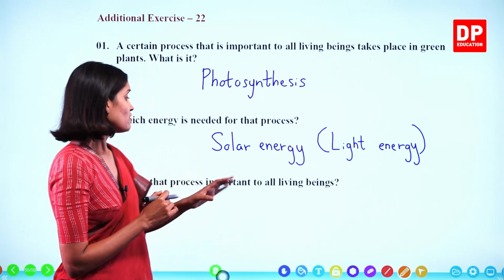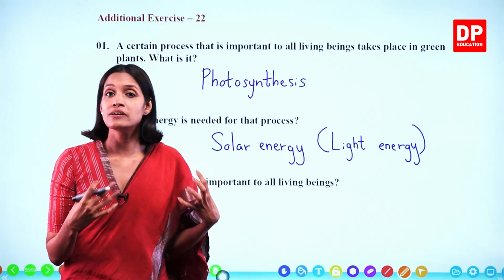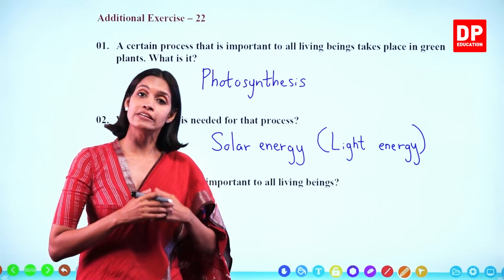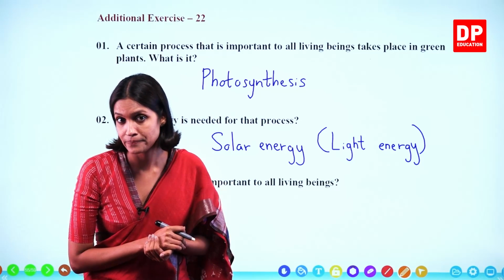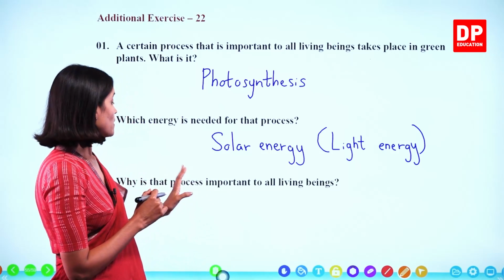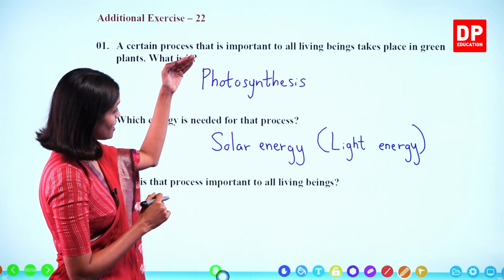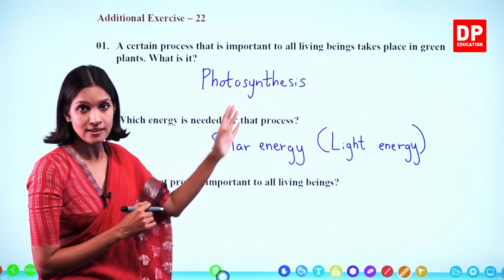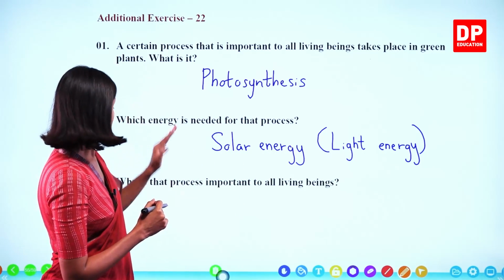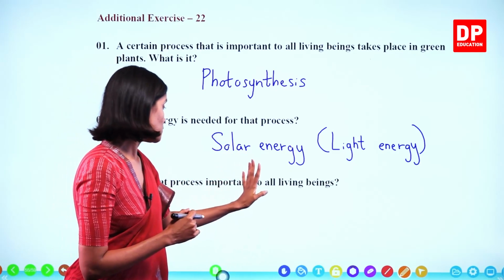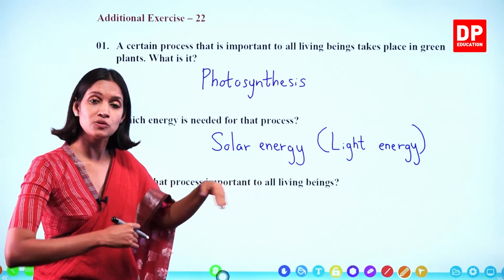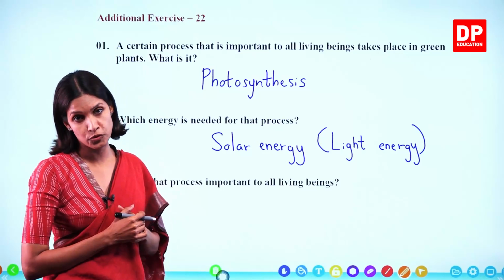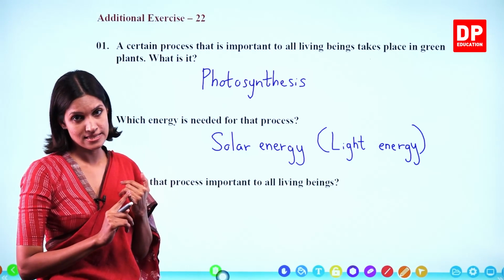If not for plants, animals also will not get their food and eventually the animals also will die. So plants are very important. Plants produce energy by this process, photosynthesis. Because of this process, all the living beings get their food. That is the first instance.